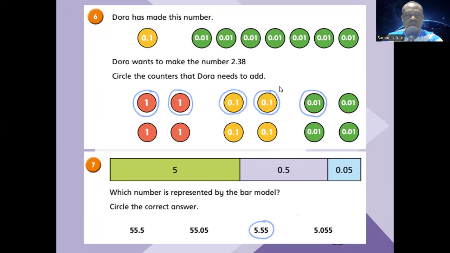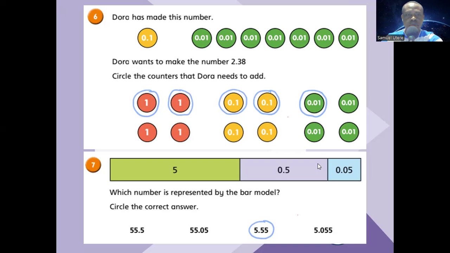So Dora needs to add 2 ones, 3 tenths, so she needs these 2 counters, and 8 hundredths, so she needs to use these counters.